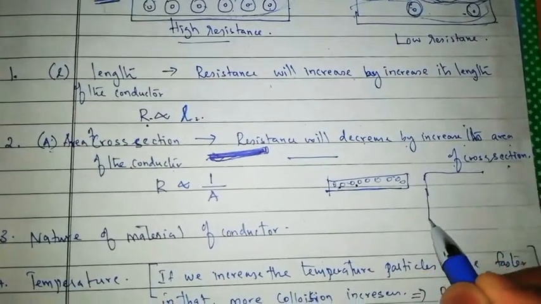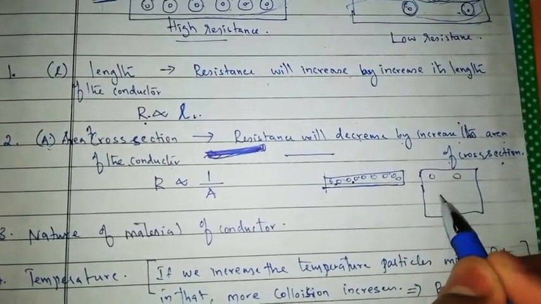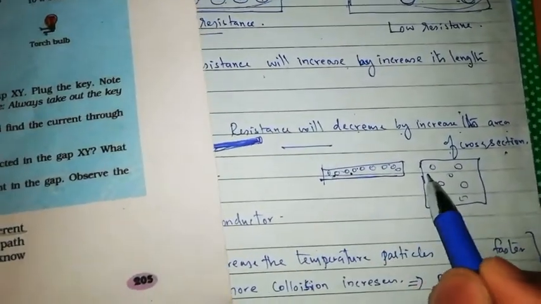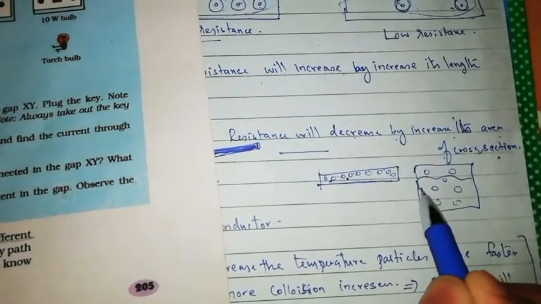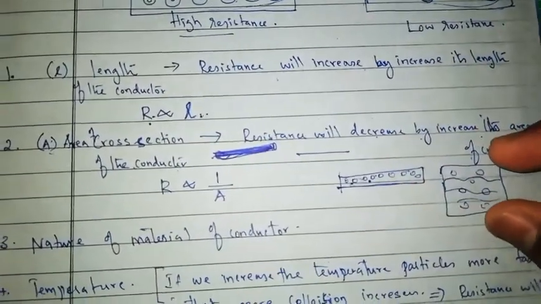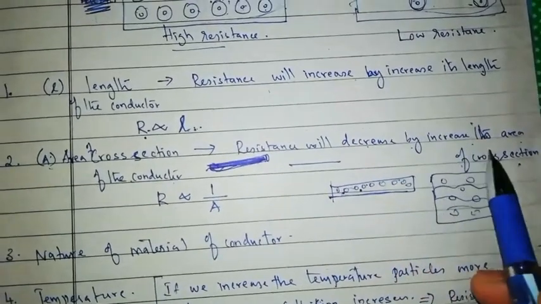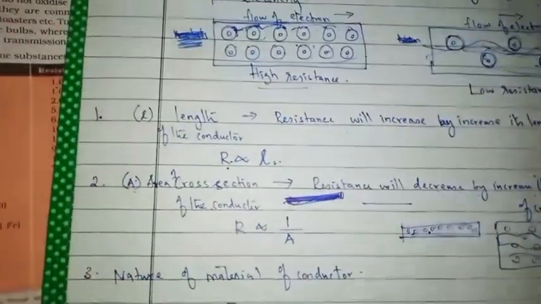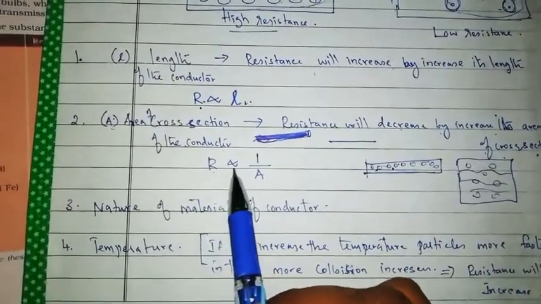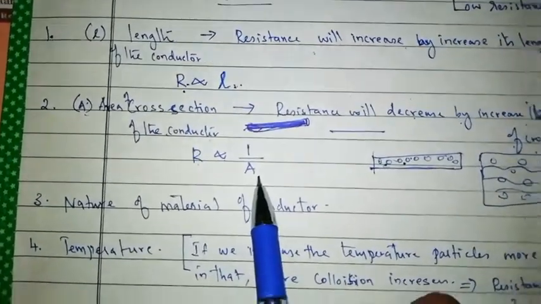If I increase the cross section with the same amount of electrons present in it, you can look at it. The flow of current will be smooth because it becomes thicker than this. So resistance will decrease by increasing its area of cross section. So we can write that resistance is inversely proportional to area of cross section.